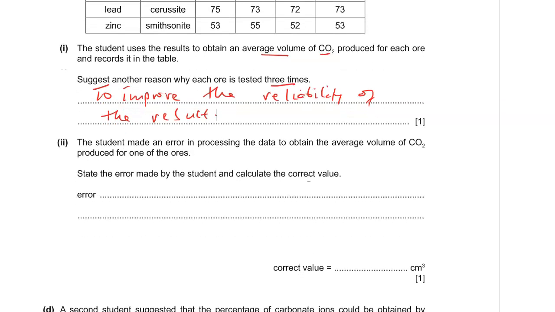Part 2. The student made an error in processing the data to obtain the average volume of carbon produced for one of the ores. Processing the data, not obtaining the data from the measurement. State the error made by the student and calculate the corrected value.